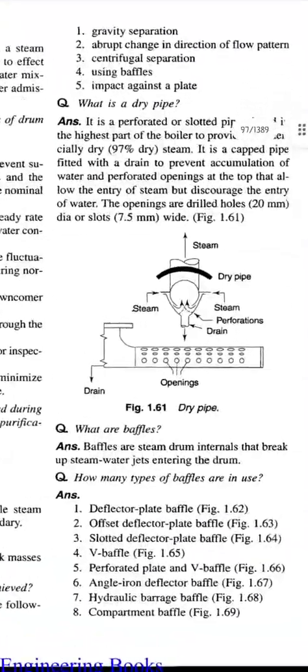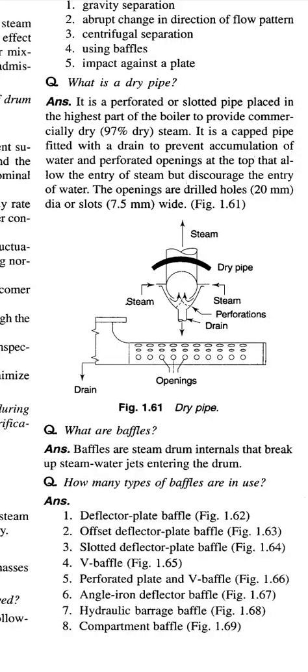In top of the diagram, here you can see the dry pipe baffle. The steam inlet is both side. Dry pipe is available in the top. Steam goes to the top through the perforations, and drain is available in the bottom.